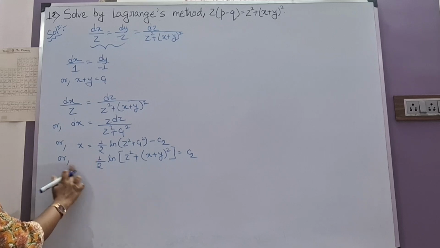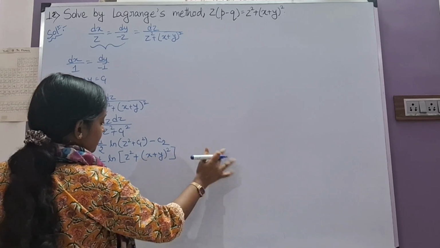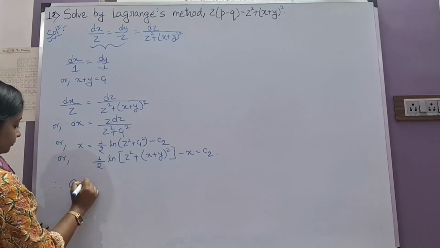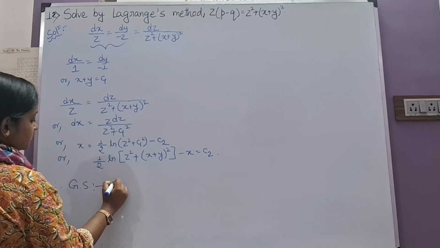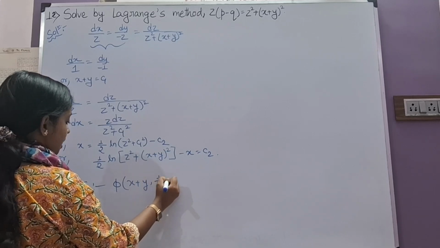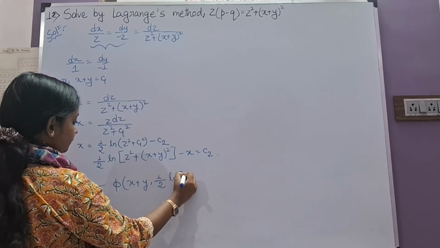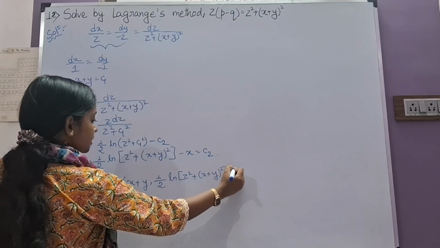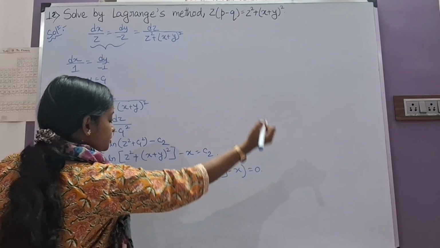Sorry, this minus x equal to c2. So what is the general solution? Phi of x plus y comma half log of z square plus x plus y whole square minus x equal to 0.